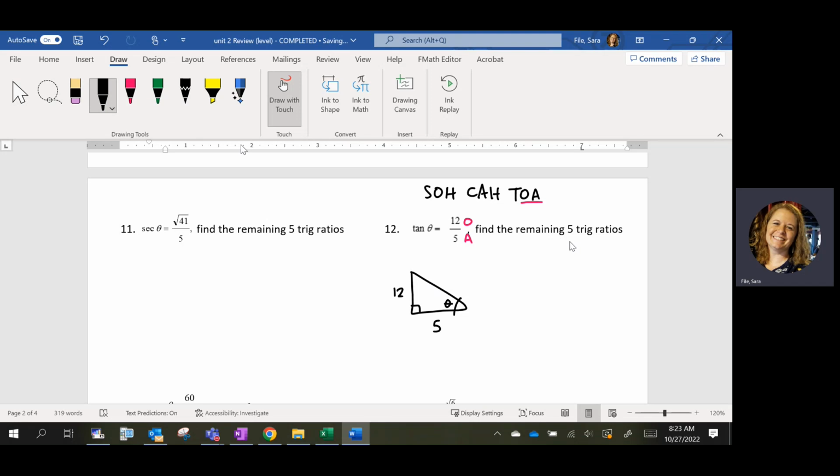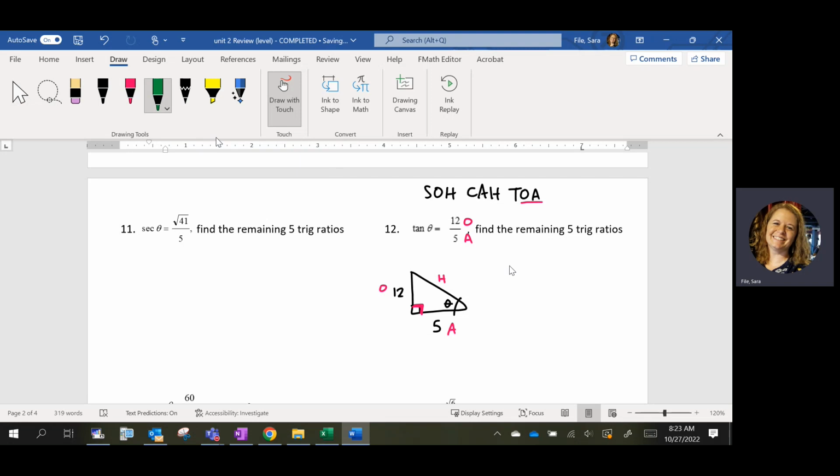They're specifying which one they want you to find. To give all of the other ratios, you have to know all 3 sides of the triangle, right? So I know O and A, how can I find H? When you know 2 sides of a right triangle, this is a right triangle, how do you find the third?